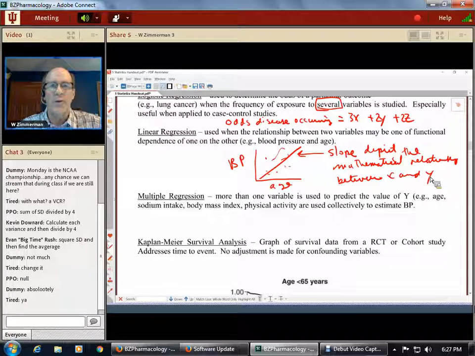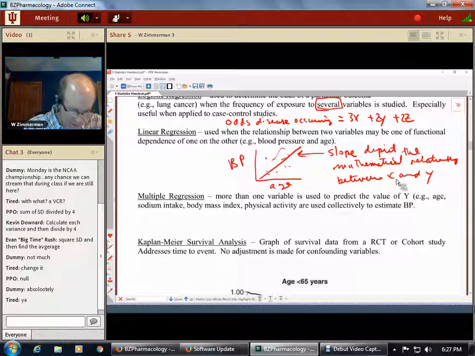Okay, multiple regression is just an extension of linear regression.